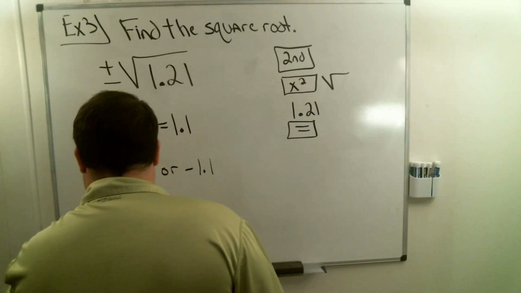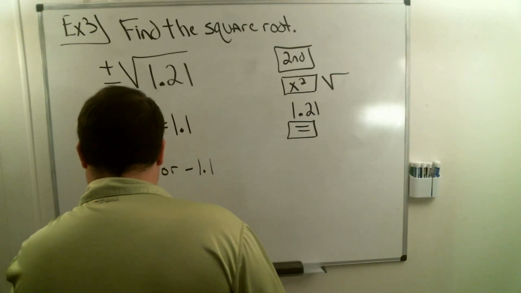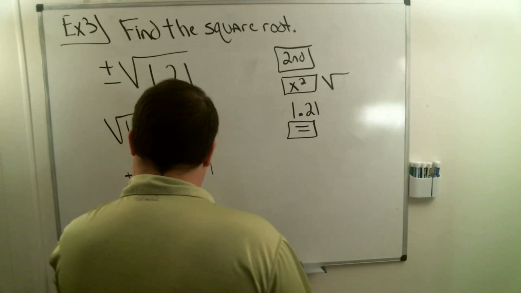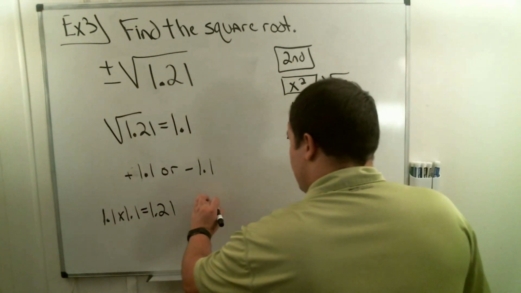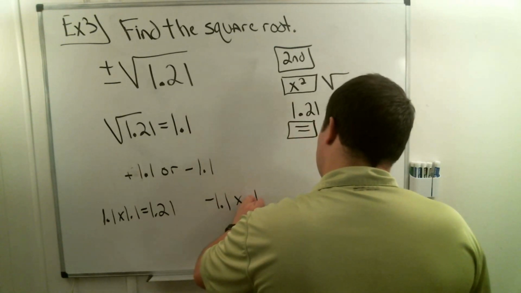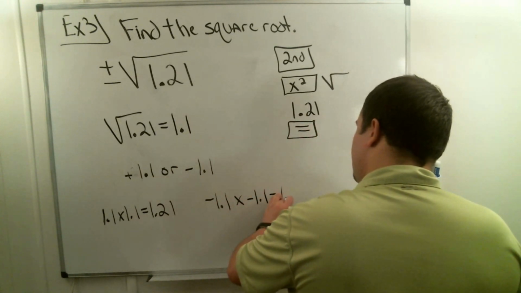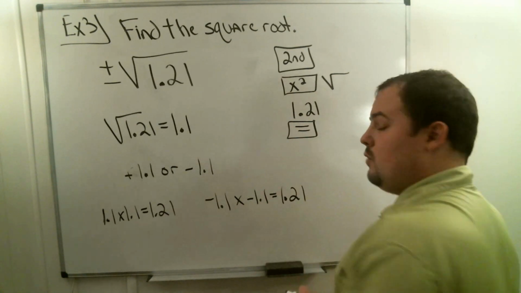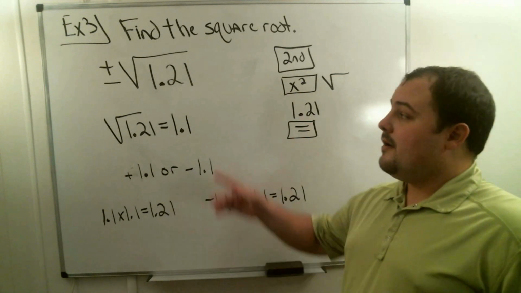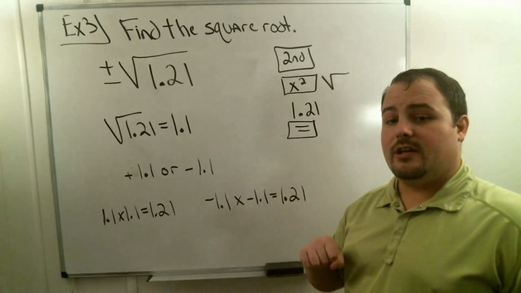If I type in my calculator 1.1 times 1.1, I get 1.21. And if I type in a negative 1.1 times a negative 1.1, I again get a positive 1.21. So both of these numbers, which are exactly the same, multiply to make this decimal here.